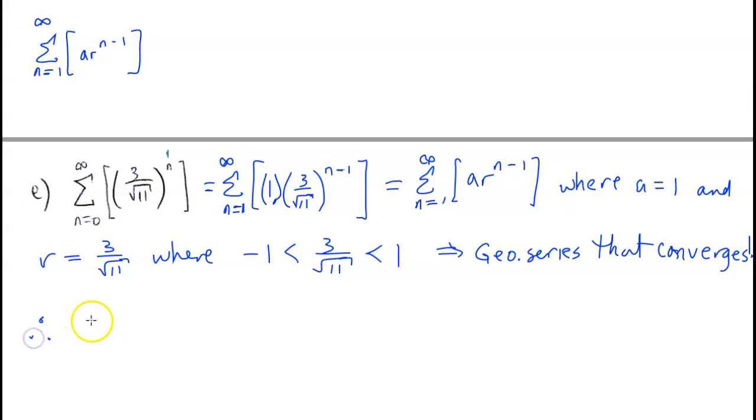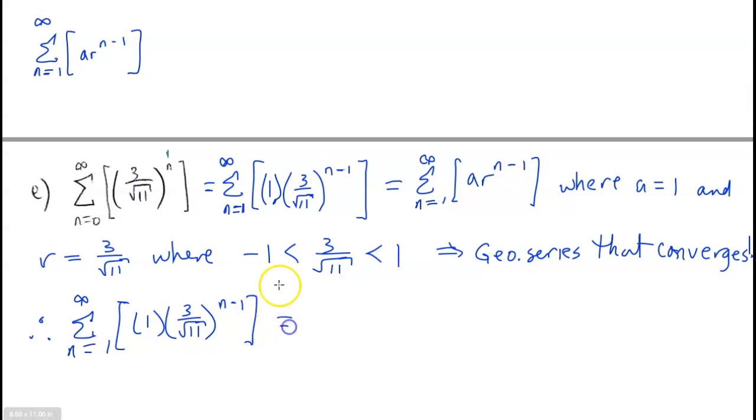And because of that, we know that this particular series, and I'm going to write it in this form, this particular series will converge to a divided by 1 minus r, and a of course is 1, and r is going to be 3 divided by square root of 11.